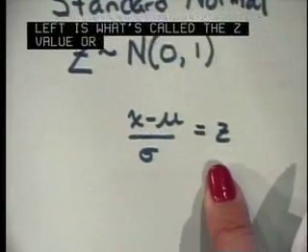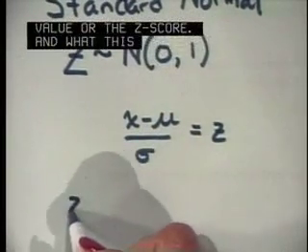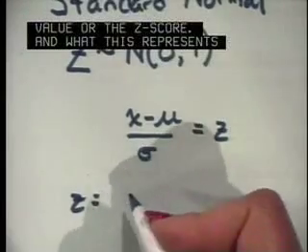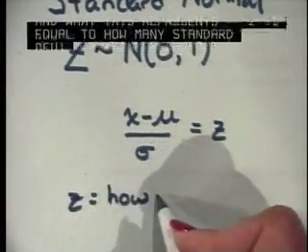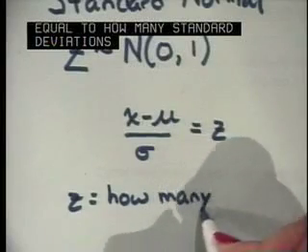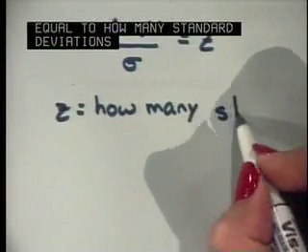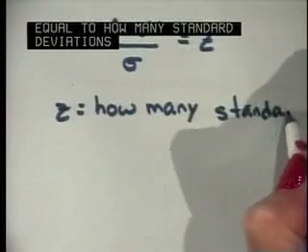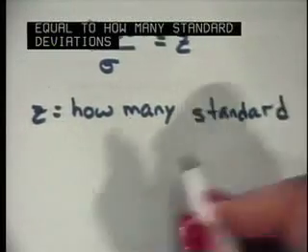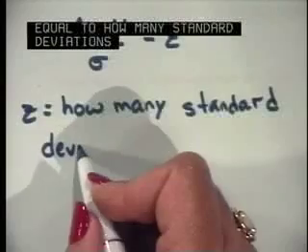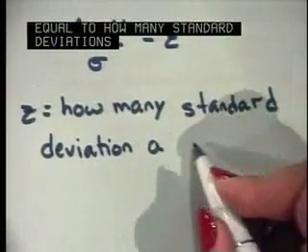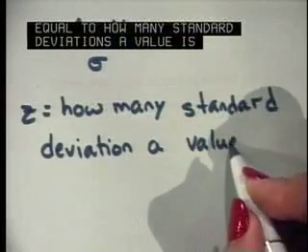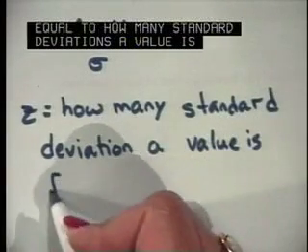And what this represents, Z is equal to how many standard deviations a value is from the mean.